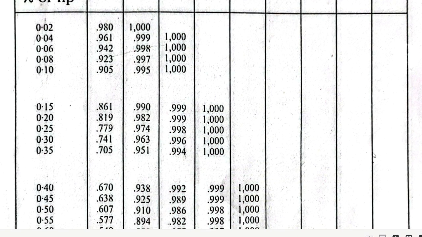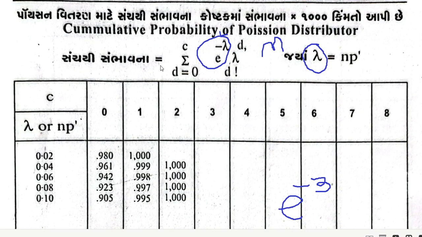Suppose that you require the value of e raised to minus 3. How will you find this value? First, you must observe only this column. For minus 3, observe this column.